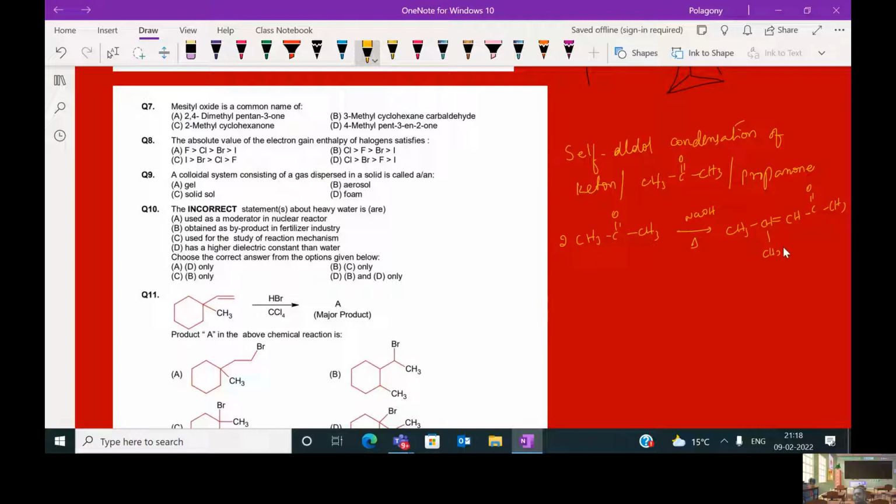This is the compound we call mesityl oxide.